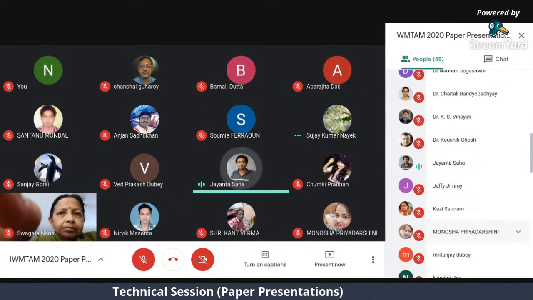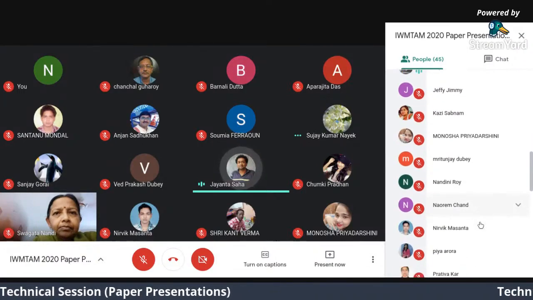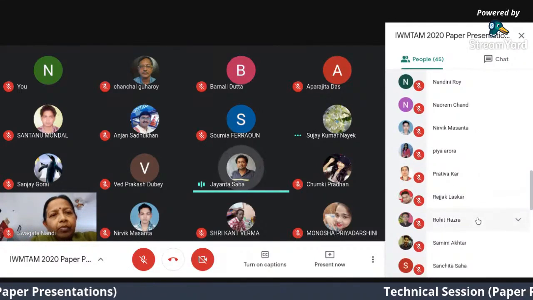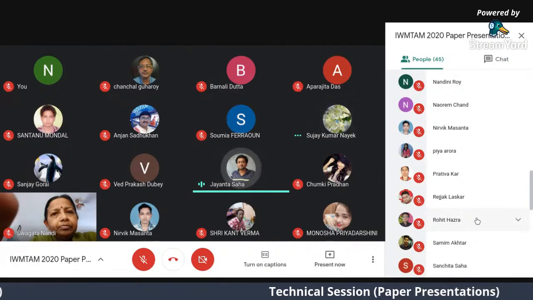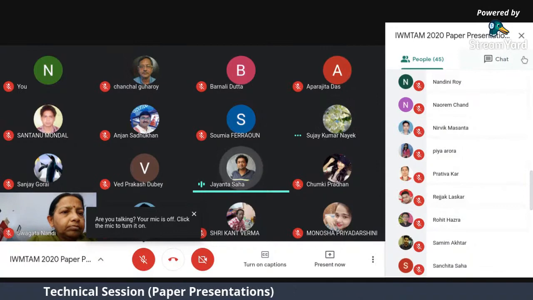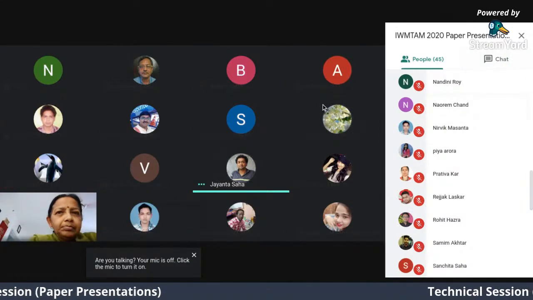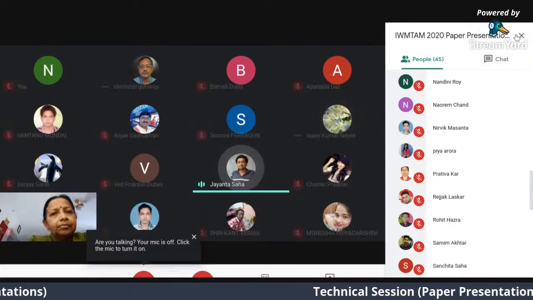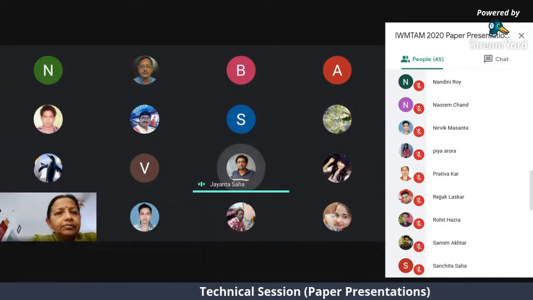What I find is that the number of participants is less. Shujoy told me that the total registered participants would be around 200, but somehow it is 279. So it is very unfortunate. One reason, maybe, is that it is going into the festive season.